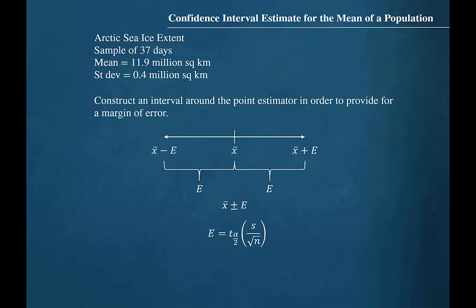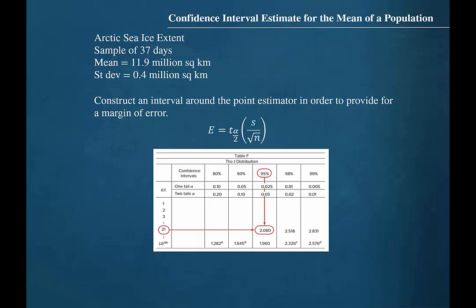The margin of error when calculating a confidence interval about a single mean is determined by three factors: a t-value, the sample standard deviation, and the sample size. The t-value is taken from a distribution known as the student t-distribution. This table shows an excerpt from a table of t-distribution values.